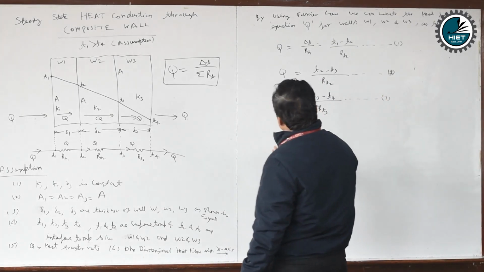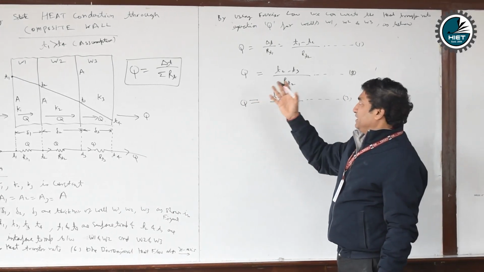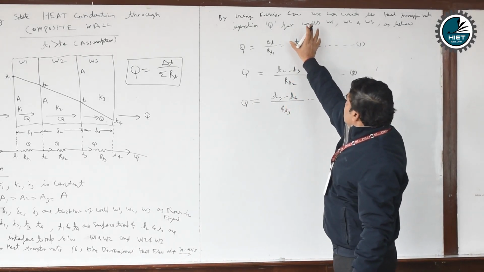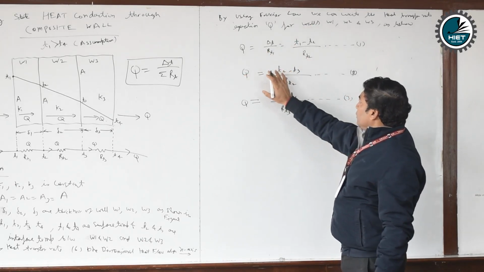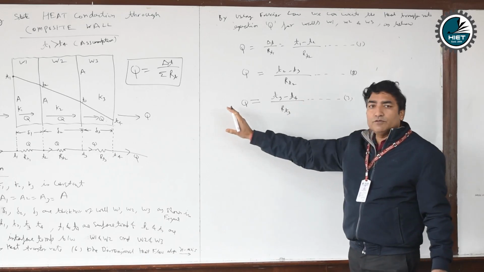So now we rewrite these three equations in terms of temperature difference. T1 minus T2 is Q into RT1, T2 minus T3 is Q into RT2 and T3 minus T4 is Q into RT3.